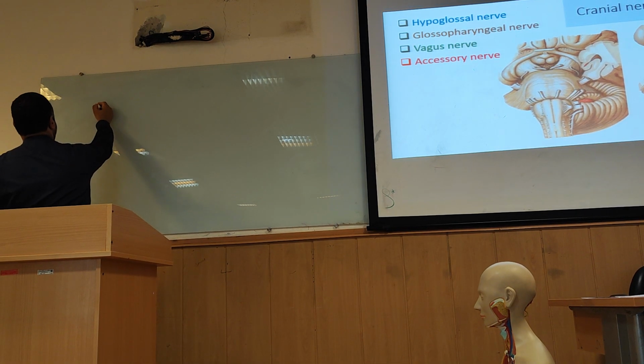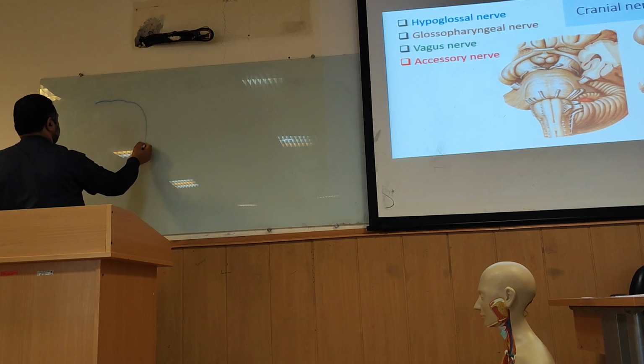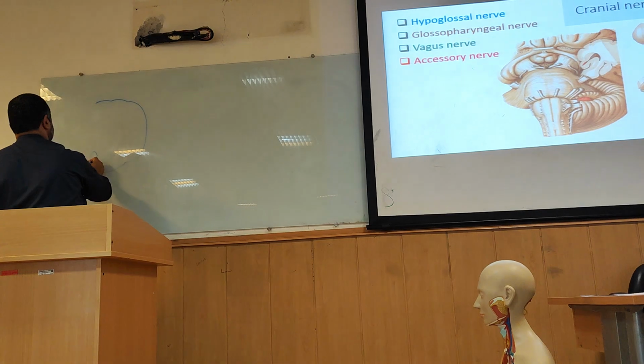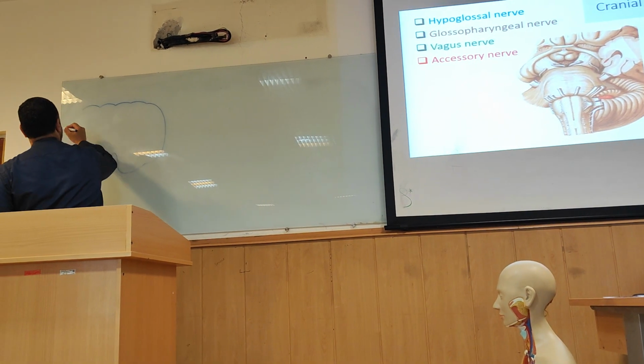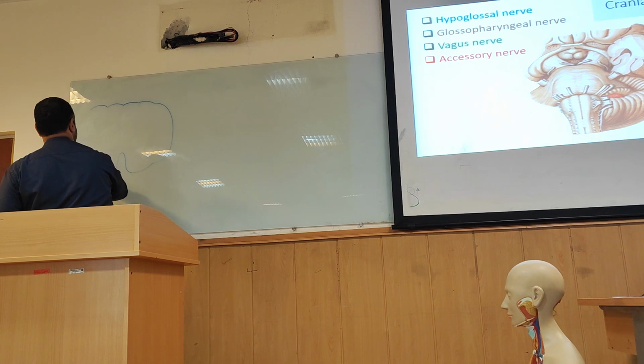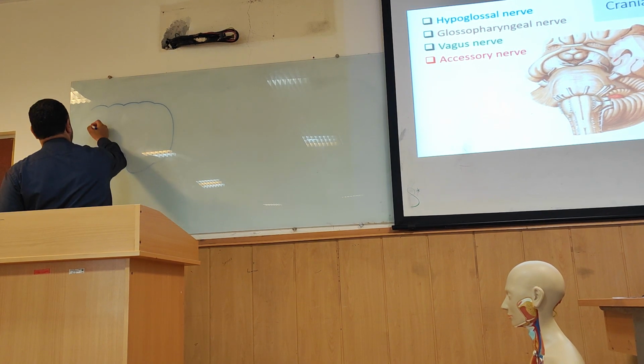In the inferior part, near to the spinal cord, the cross section of the medulla oblongata is similar to this. Okay? Similar to the cross section of the spinal cord.